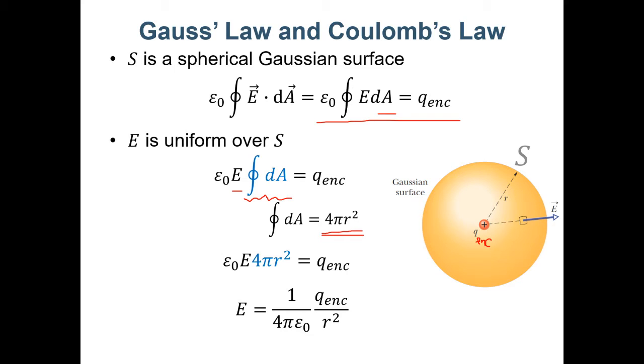So we just substitute 4 pi r squared into here. So we have epsilon naught E 4 pi r squared equals Q enclosed. And then we just divide both sides by epsilon naught 4 pi r squared, so that we have this beautiful term, K, 1 over 4 pi epsilon naught, Q enclosed over r squared, which is a very familiar formula.